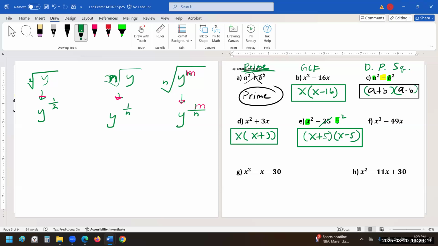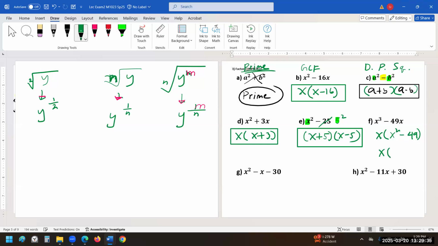Now F. What do you see in F? First, you have to pull out a GCF. What can you pull out? What remains? And now many people stopped, so they lost 2 points. What is x squared minus 49? A difference of perfect squares.